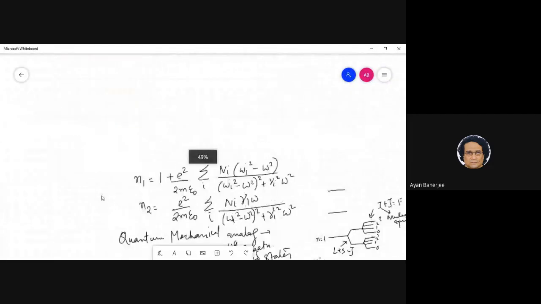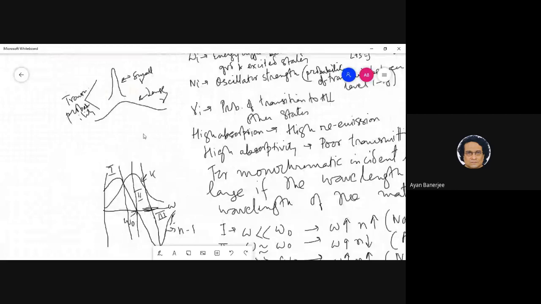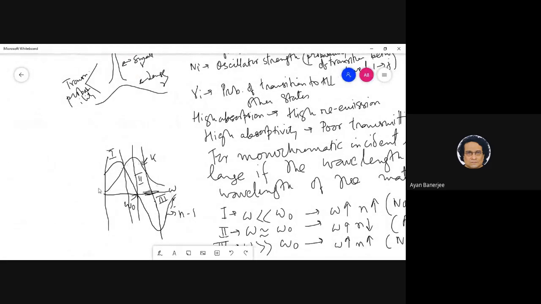Right. So essentially, this is the imaginary part, the K, and this is the real part. This is the resonance frequency omega zero, where we plot n minus one.